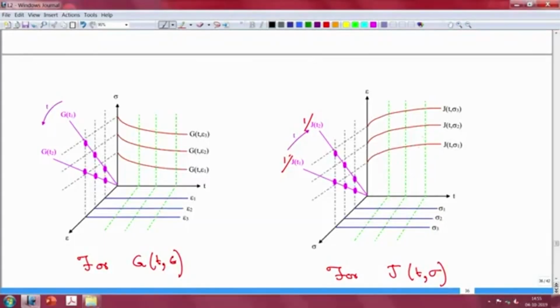Because if there is a previous stress history that it is remembering, then that would also come into the picture. So, when we say t equal to 0, we are assuming that the material is stress free or strain free. There is no residual stress in the material.